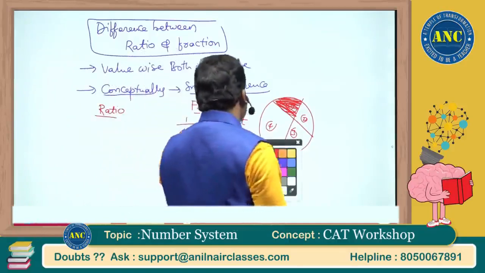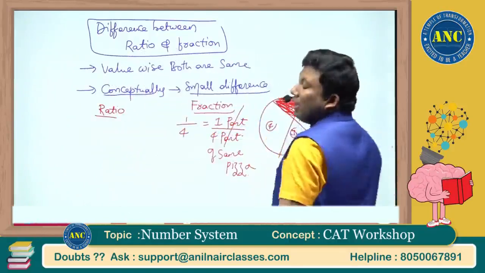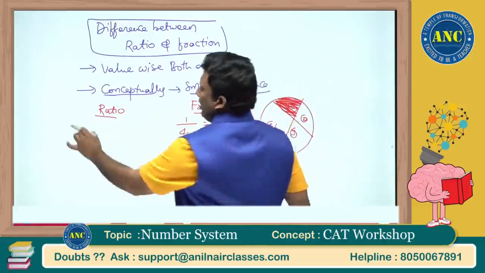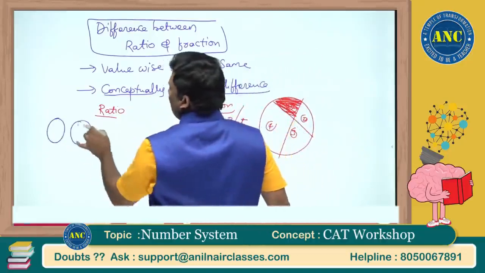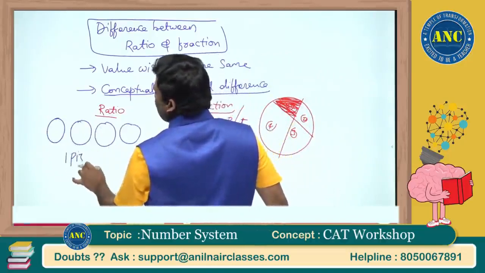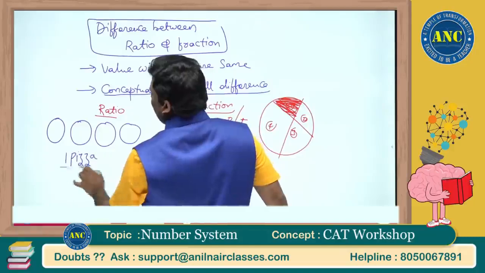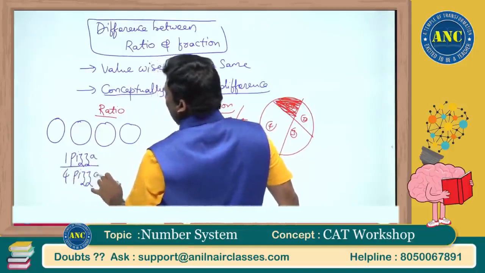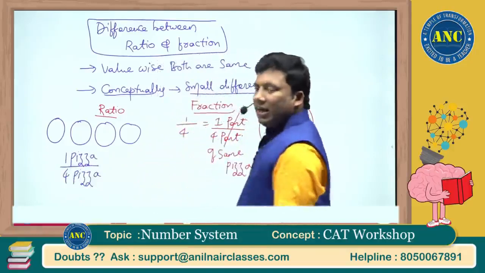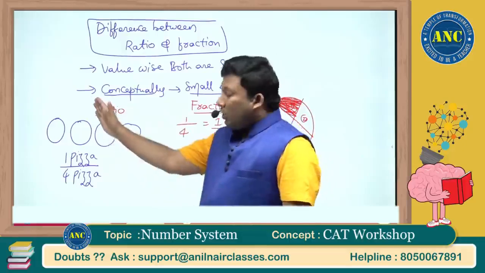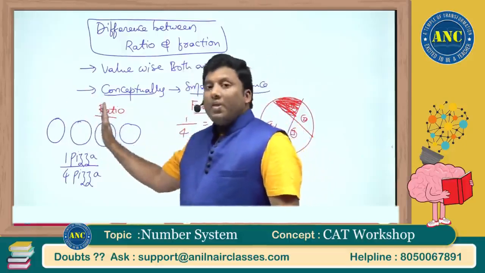Then what do you call a ratio? People do not understand ratio and fractions conceptually. There are 4 pizzas. I am taking one pizza out of 4 pizzas. Here, you are not dividing the same pizza into parts.